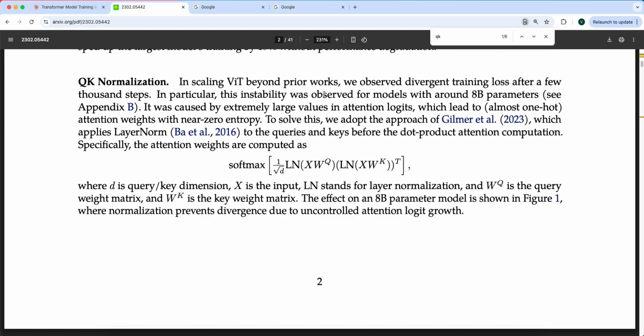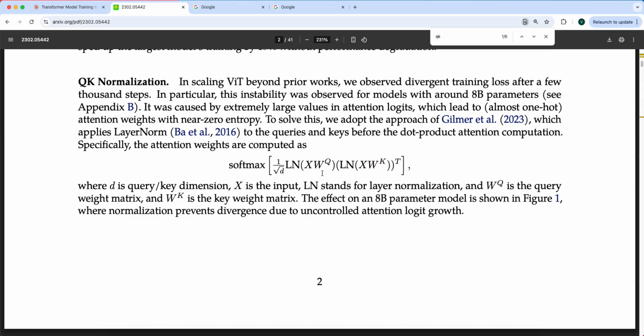Specifically, the attention weights are computed as layer norm of inputs times weight of the queries, then multiplied by the transpose of the layer norm of the inputs times the weights of the keys.